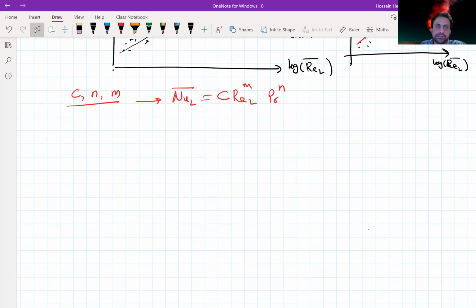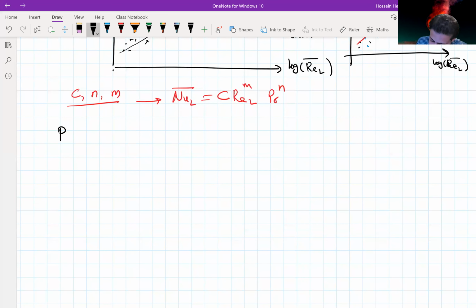For example, the previous formula that we were looking at was limited to a specific range of Prandtl number, but Prandtl number could vary a lot.